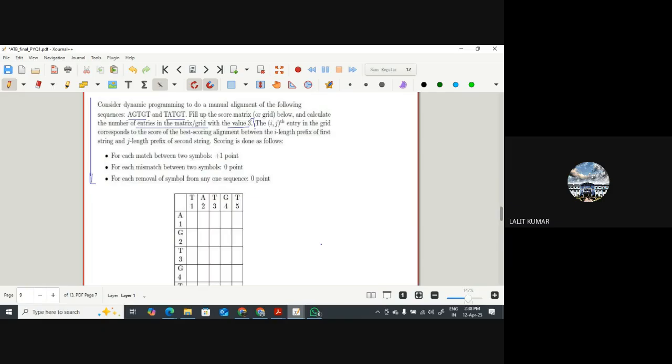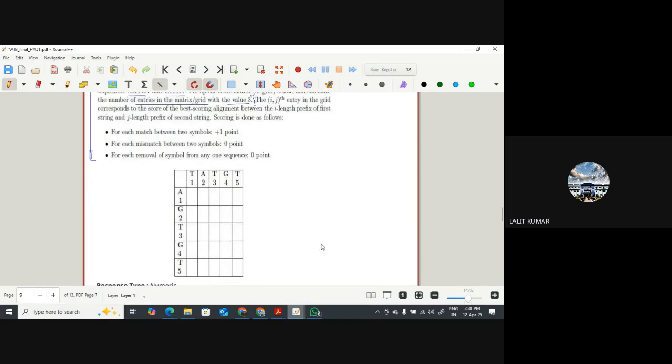So how do we do this? First of all, we start and fill all the values as 0. 0, 0, 0, 0, 0. Now we come to TA. We take from here also, and here also, whatever is the maximum, and if this is matching, then it becomes 1.